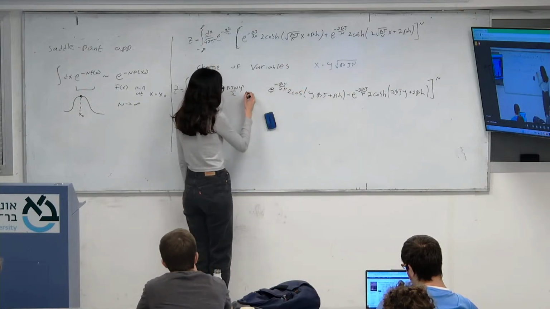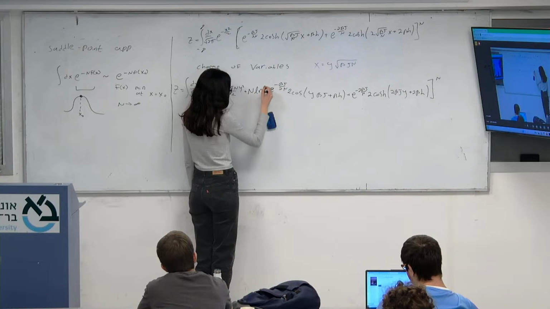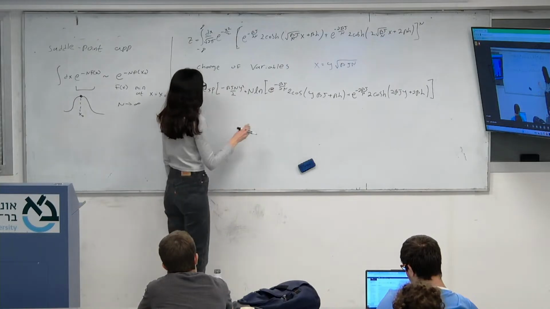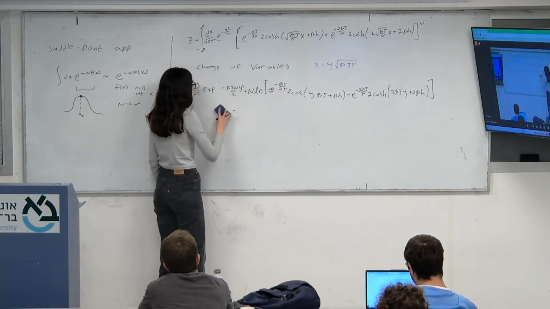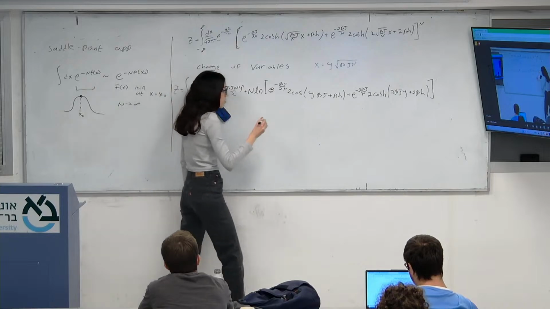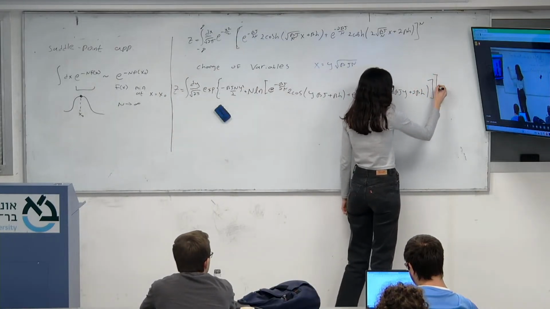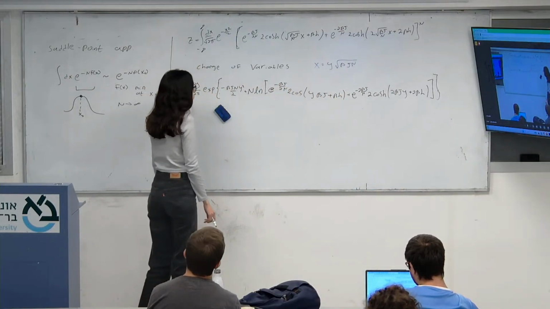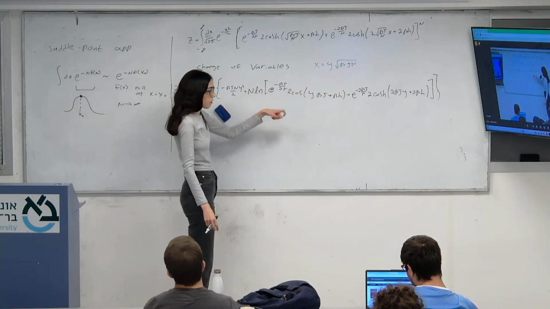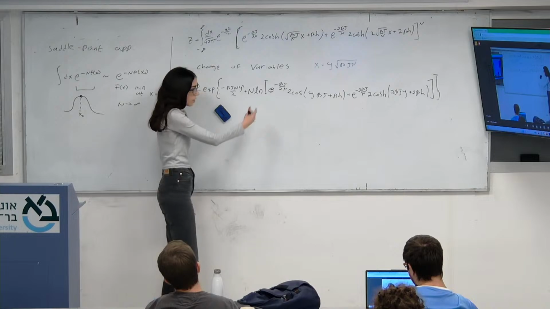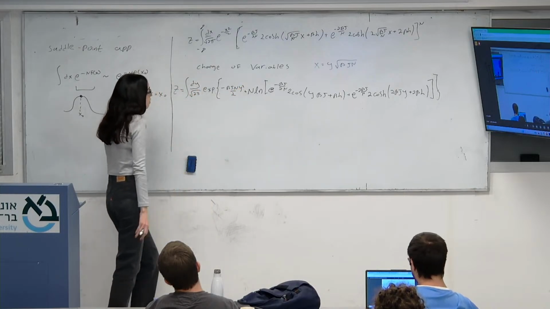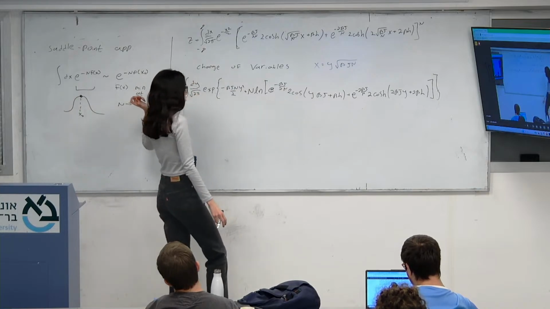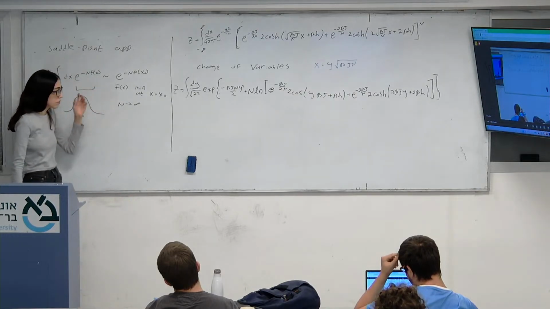So I have n times the logarithm of all of that, and this is all inside the exponent. So instead of multiplying, I take the n outside of the log because that's how log works. So now I have an integral of an exponent of a function, and this is already kind of similar to what we got here.